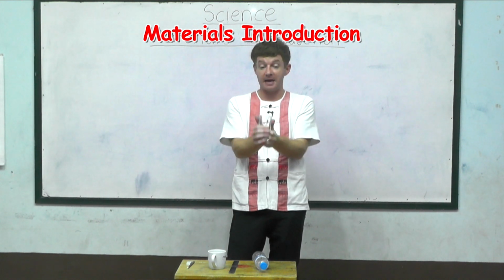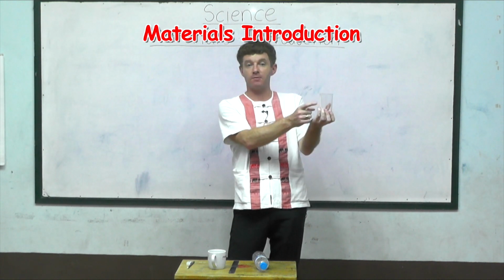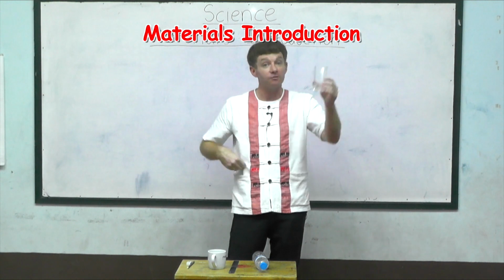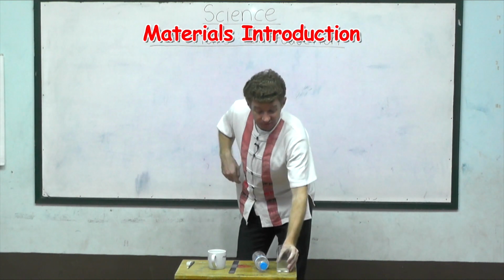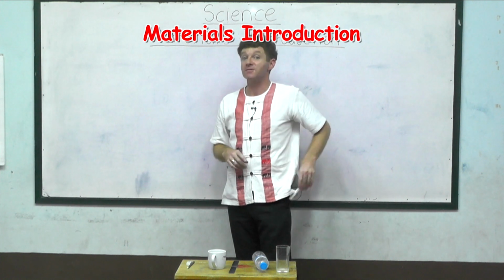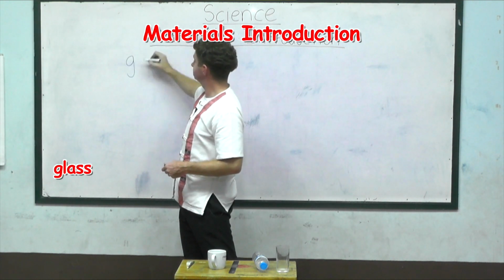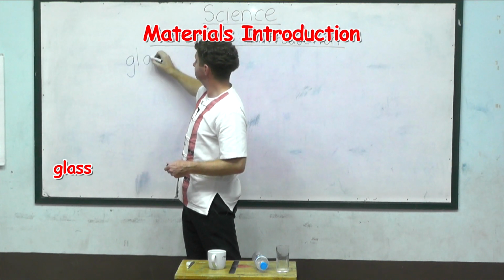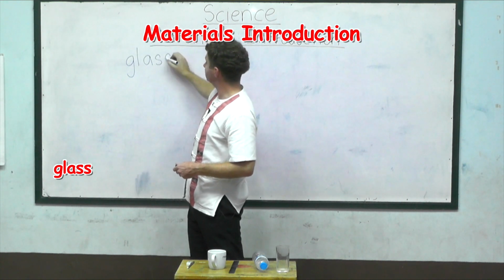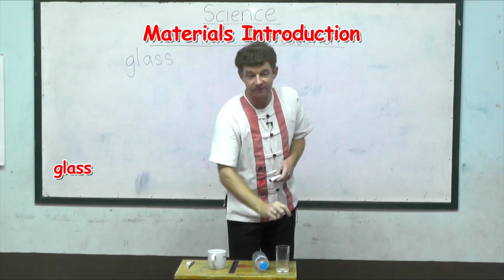As well as being the name of the object we drink from, a glass, the material that it's made from is also glass. So let's write that word on the board first, guys, because that's our first material. And glass is spelled G-L-A-S-S. So that's material number one, glass.